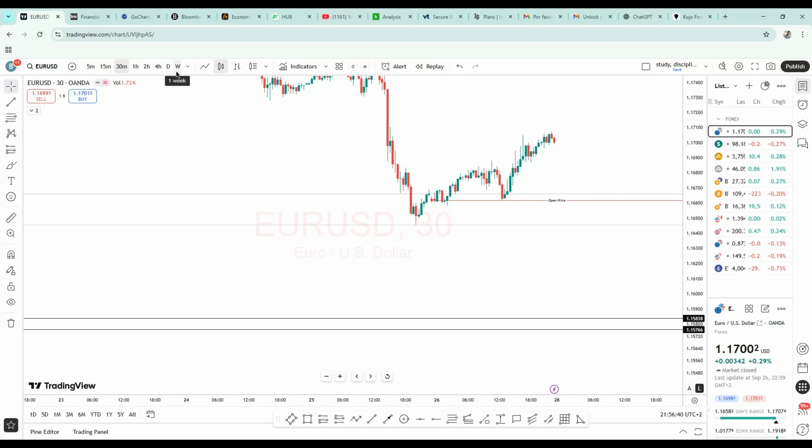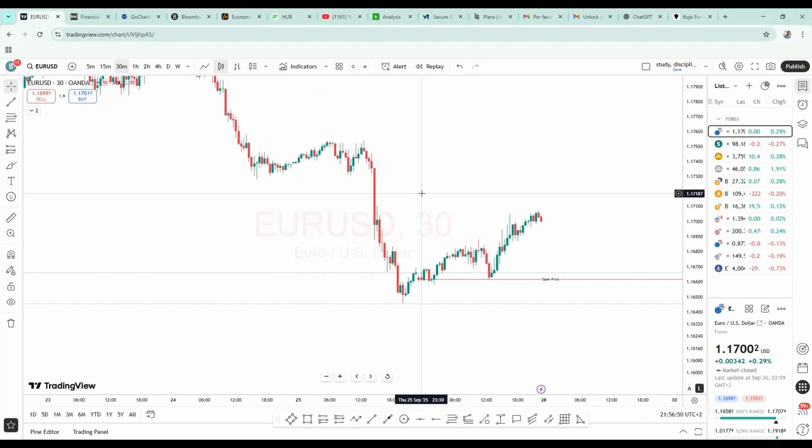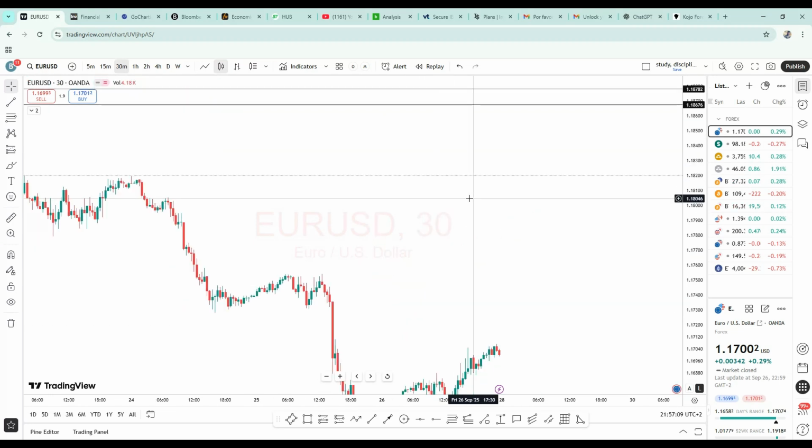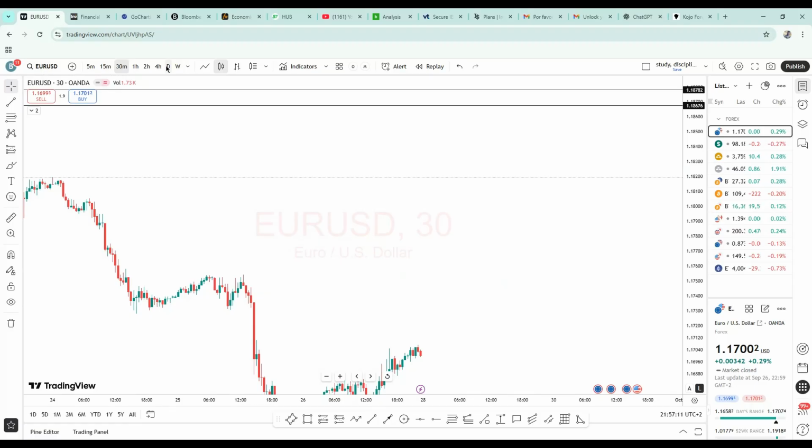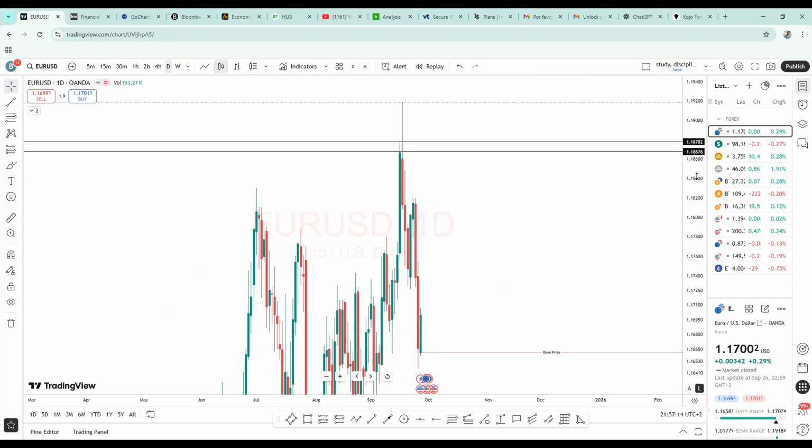Exactly because the daily time frame gives me the full information which I need to know as a day trader. The type of trader you are is going to determine what time frame you should be using. So first, let's talk about how to identify the type of market that we have.